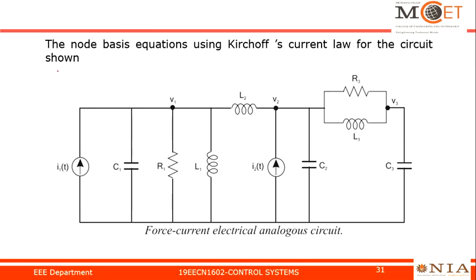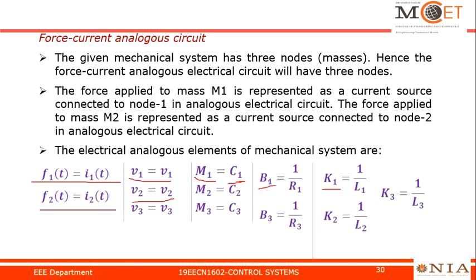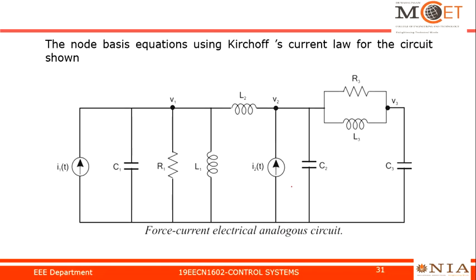So now draw the node basis equations. So I have V1, V2 and V3, three different nodes. And in first node V1, I have C1. M1 becomes C1 and R1 becomes exactly 1 by R1.